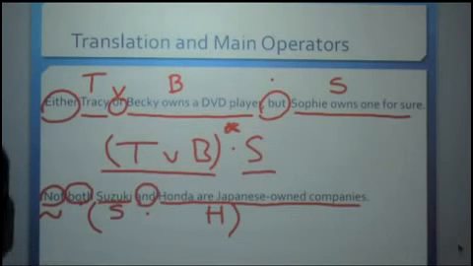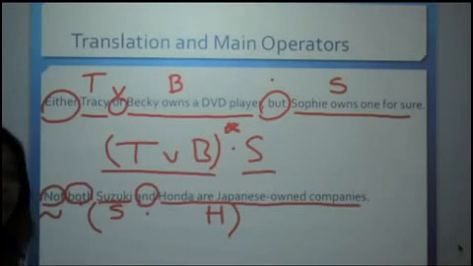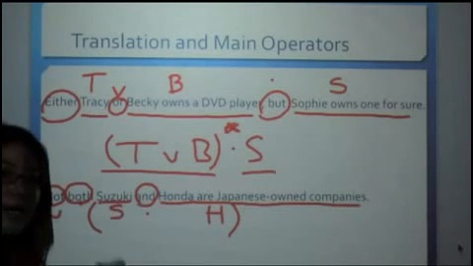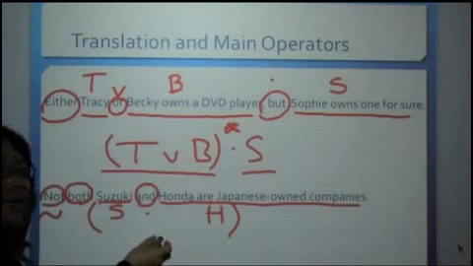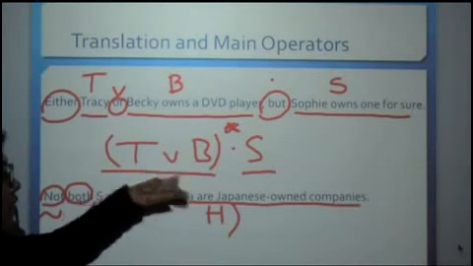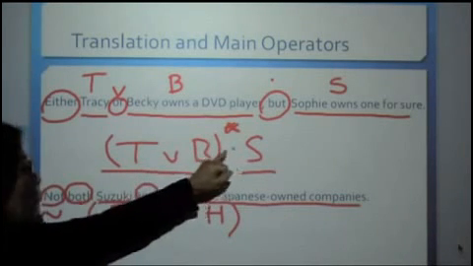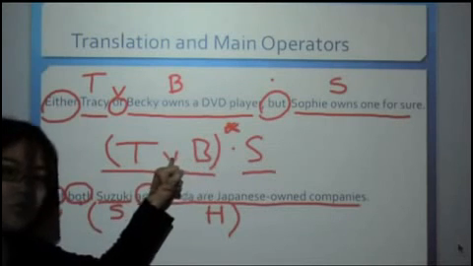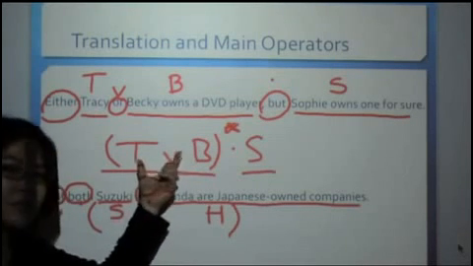Now that we have a statement that is a well-formed formula in propositional logic, we can identify the main operator. The main operator will never be an operator that's inside a parentheses, okay? So notice here, the main operator was the conjunctive dot. It will never be this disjunction wedge because it's inside the parentheses.